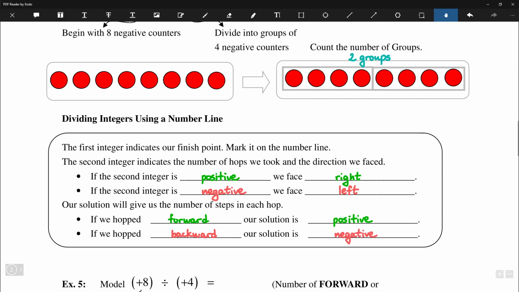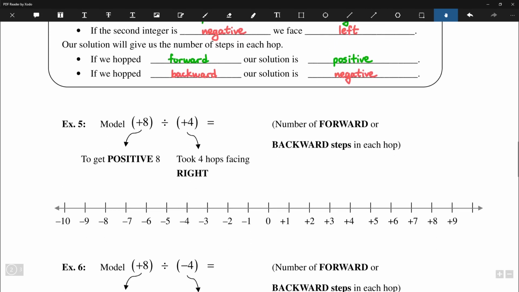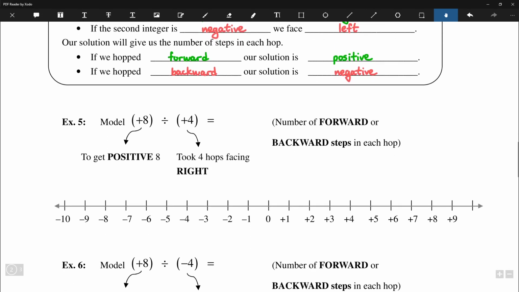Okay, so if we are to model positive 8 divided by positive 4, we want to get to positive 8, and we start at 0. Since we're dividing by plus 4, we take 4 hops facing right. One, two, three, four.